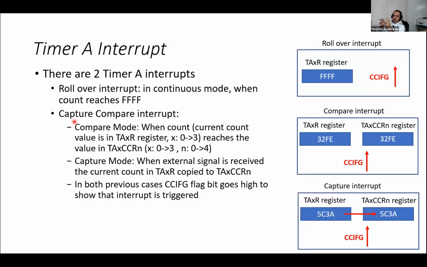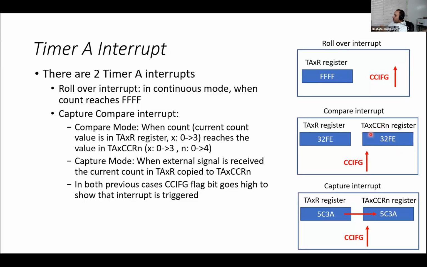Another interrupt, which has two setups, is called the capture and compare interrupt. As you see, there are two uses of that. The first use is also simple. It's just like the rollover interrupt, but you are not counting until 4F. You will set up some value in the TAxCCRn register.